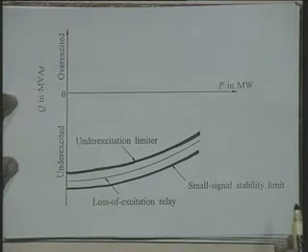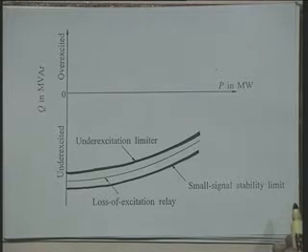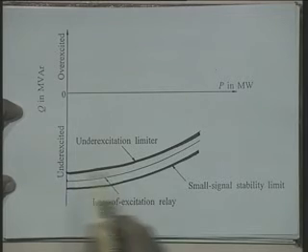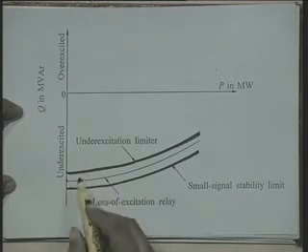There is also one characteristic which is also provided, it is called the loss of excitation relay. That is, whenever the synchronous machine loses its excitation, there is a relay which is used to protect the synchronous generator. The characteristic of the loss of excitation relay is also shown here in this diagram.